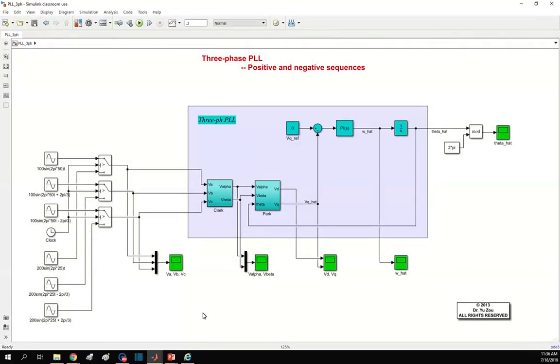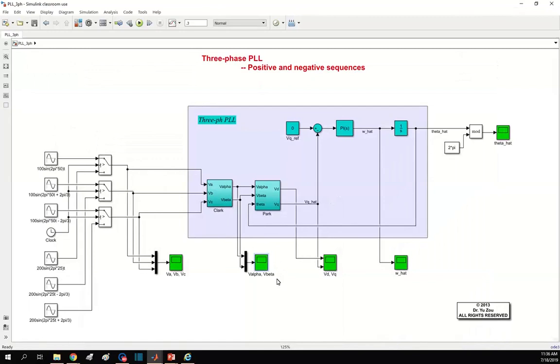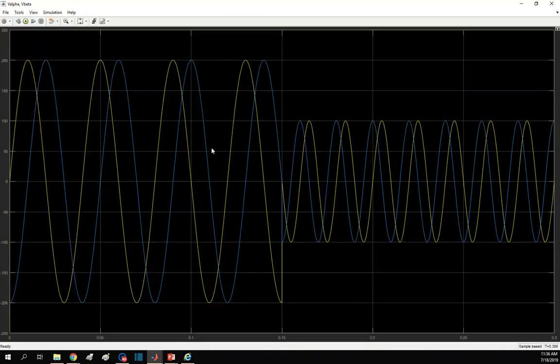Also, if you look at V alpha, V beta, and VD, VQ, we can also observe them according to the concept we learned from the lecture. After going through the Clark transformation, the three-phase AC becomes two-phase AC with 90-degree phase shift. There is exactly a 90-degree phase shift between V alpha and V beta.